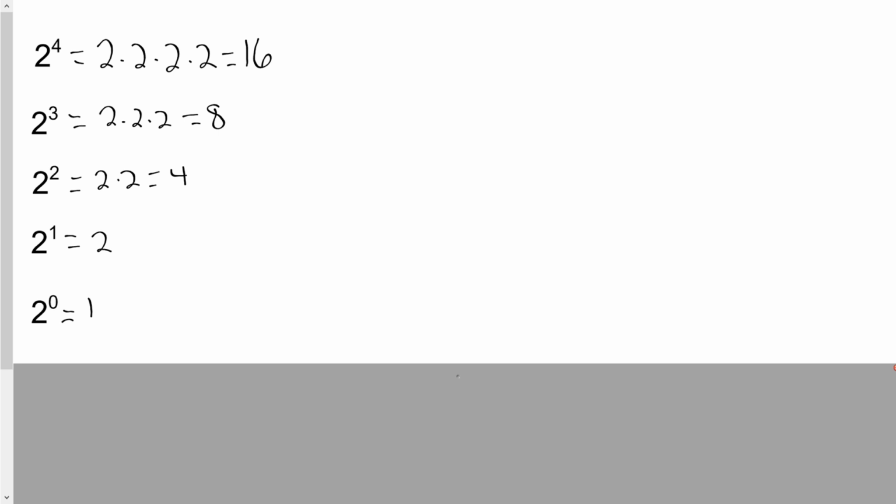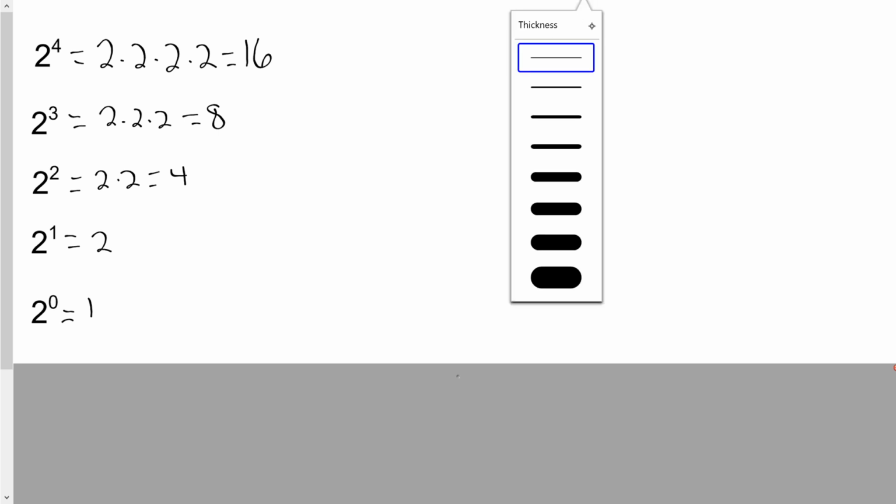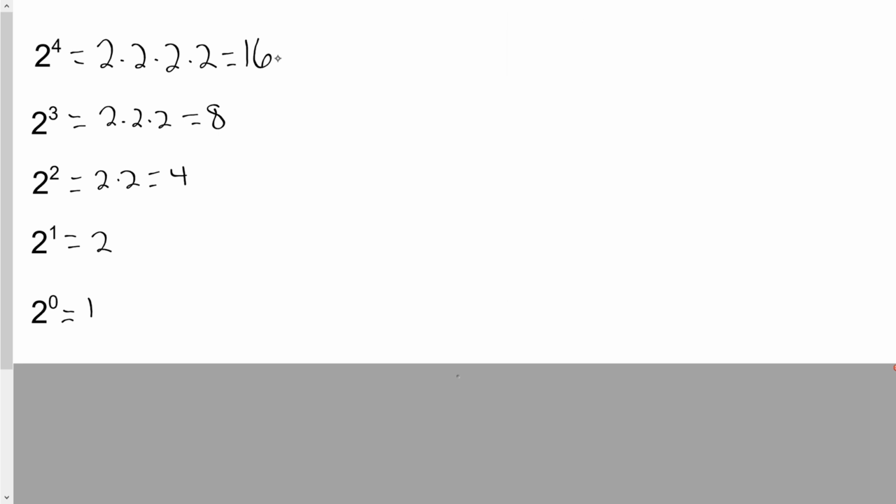I wonder if you guys can see a pattern here. 16 to 8, 8 to 4, 4 to 2, and 2 to 1. There's a pattern here. Each time we're dividing by 2, and it just so happens to be that our base of all these expressions over here is 2. Every time we're dividing by 2.